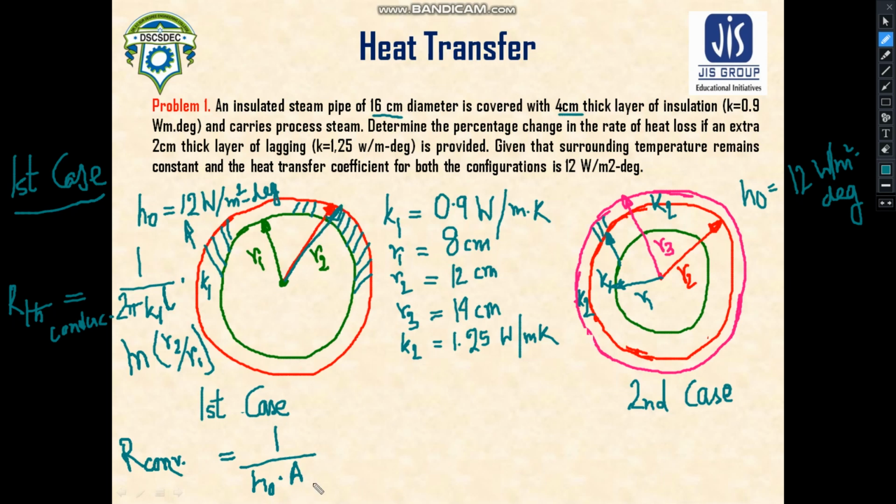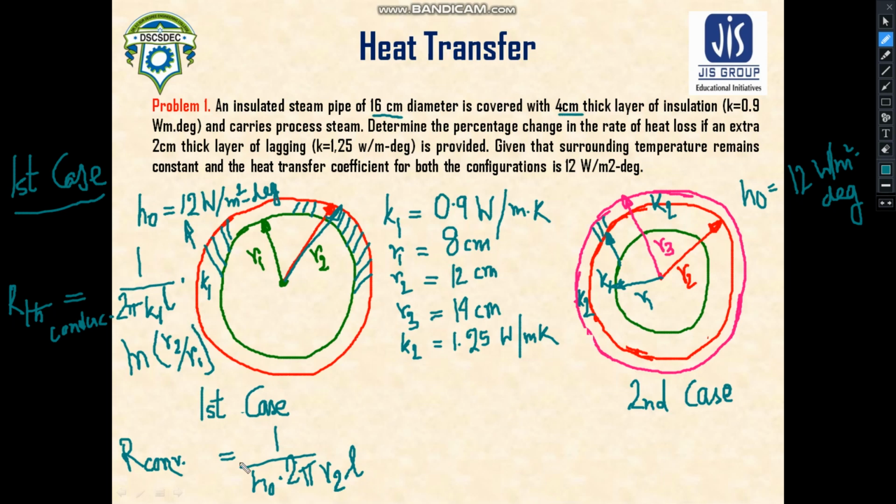You have the length of the cylinder as L, so the formula is 2 pi L, and there is an R involved also, which I have missed. So 2 pi R, sorry, there is only R2 and I'm writing R3, I'm very sorry. So it will be R2. Now you have both the resistances.